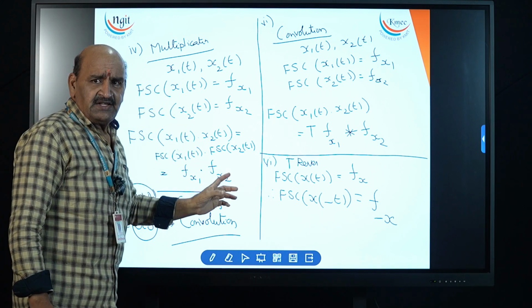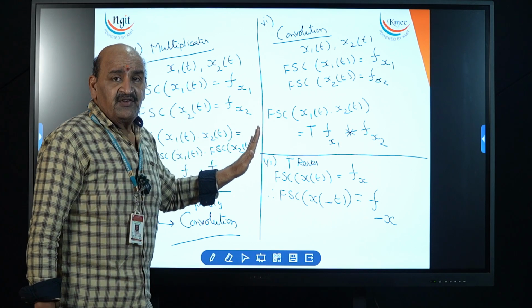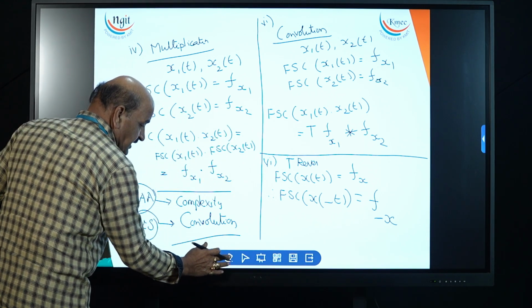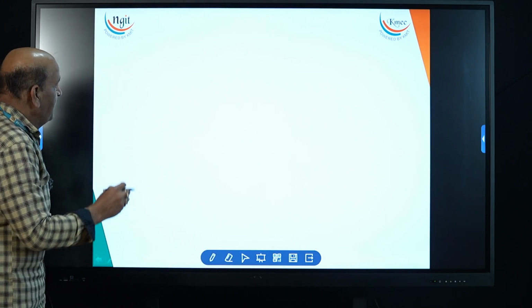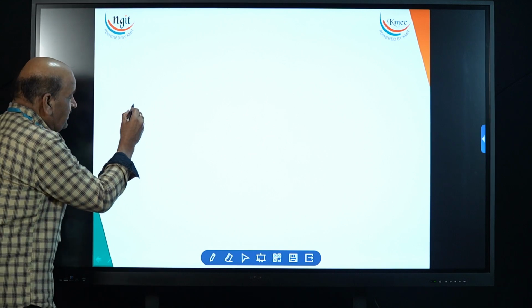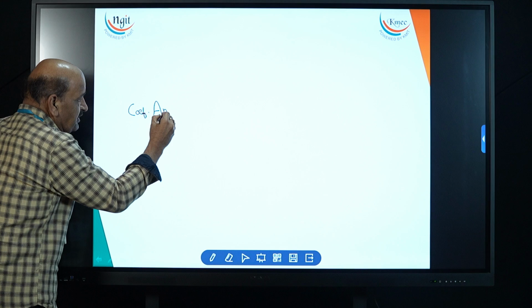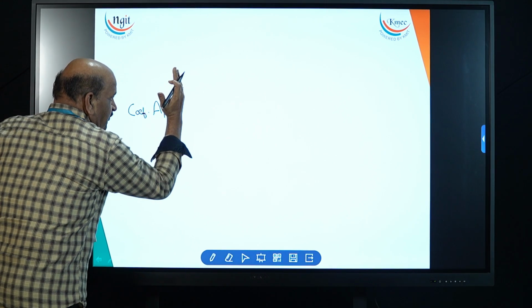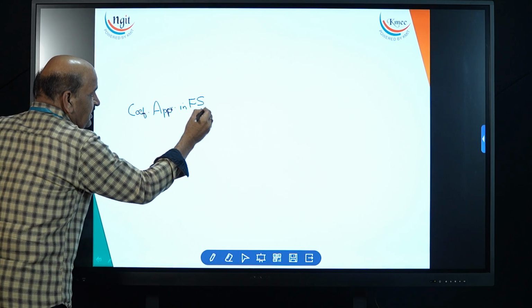Now again, these are the important concepts we discussed in coefficient of approximation. In this session we discussed coefficient of approximation in Fourier series.